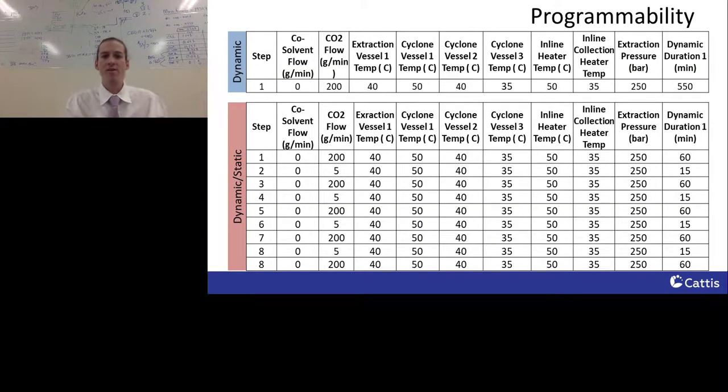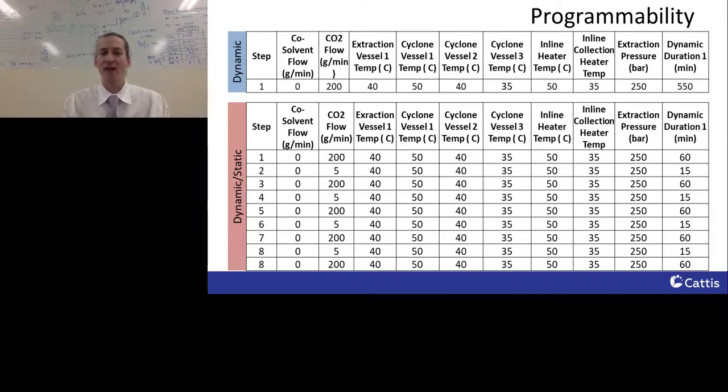First is looking at the program, the difference between dynamic and dynamic static. On the top, really simple, we're just flowing at 200 grams per minute, extracting at 250 bar for 550 minutes. And in the dynamic static approach, we're alternating our flow rate between 200 grams per minute and 5 grams per minute.